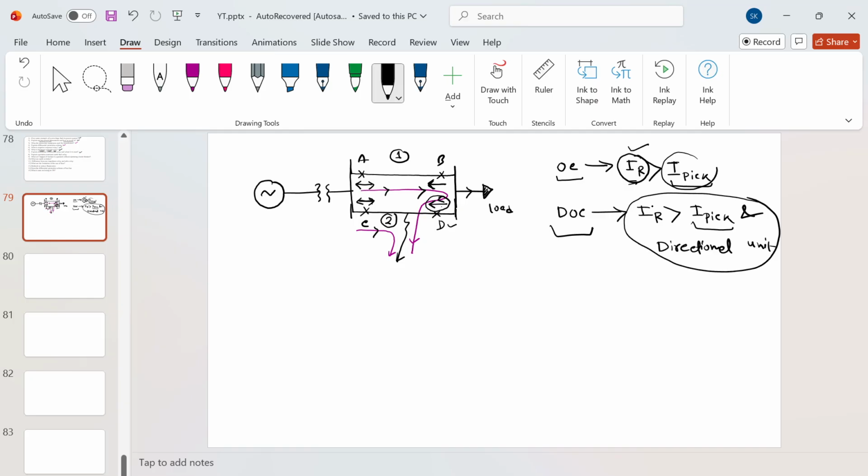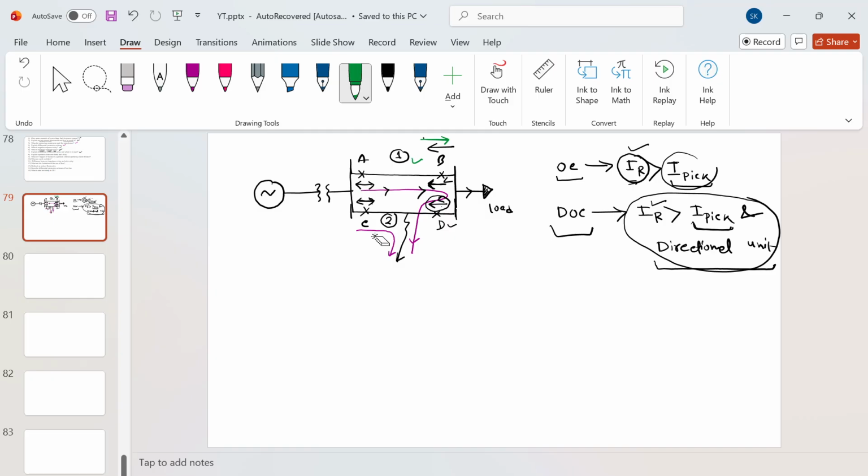First, the operating coil current should be more than the pickup current, and also the current flow must be in the direction that we have given. The direction that we have given is in this direction, right? But my fault current is flowing in this direction. So the direction is not matching. So the B relay will not send a trip signal to circuit breaker, and that's how your transmission line 1 will not trip.